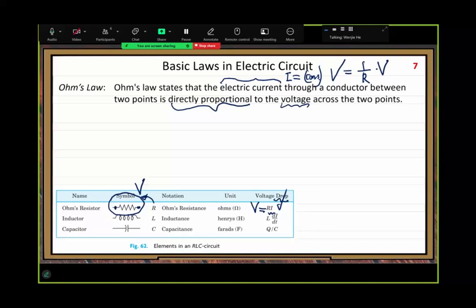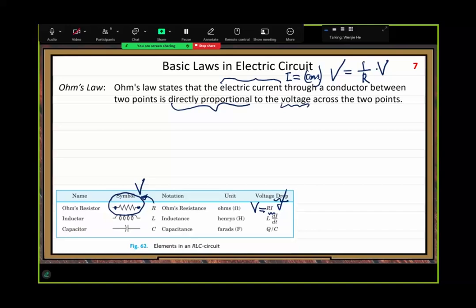Ohm discovered this law by a lot of experiments. In Ohm's original form of the theorem, the formula is I equals a certain constant, 1 over R, times V. But usually people like to use this form because there is no denominator.